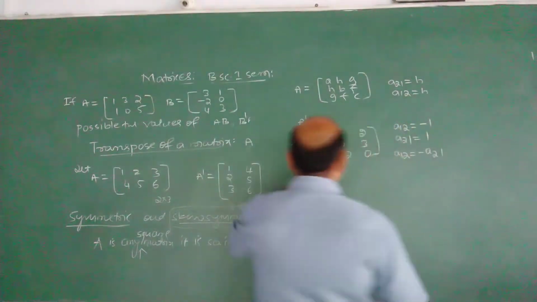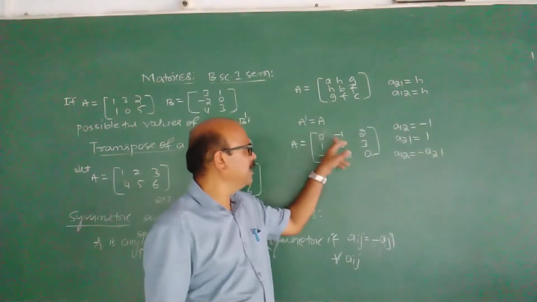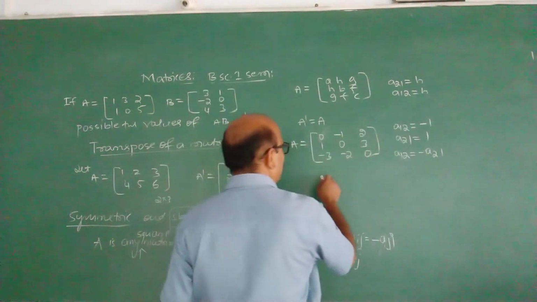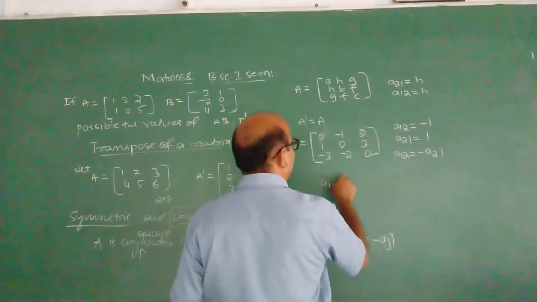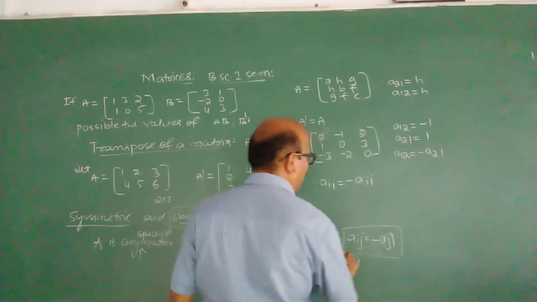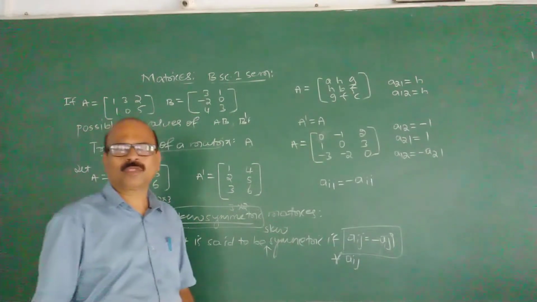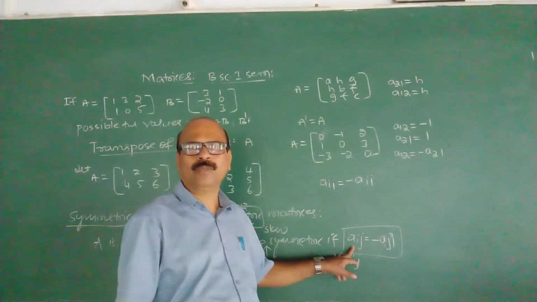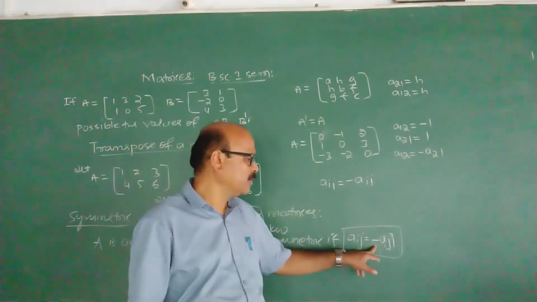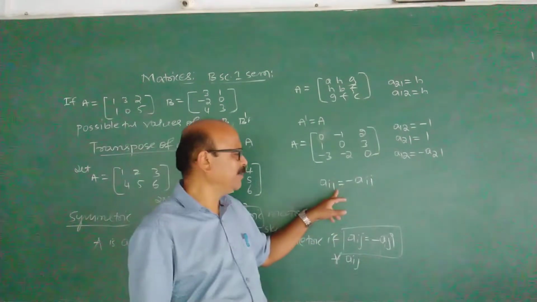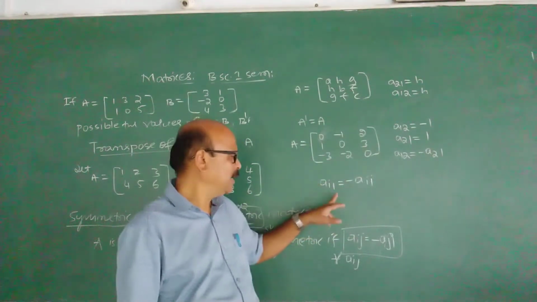And see here, all the diagonal elements must be 0 because consider Aii. It must be equal to minus Aii. What is the definition of skew symmetric matrix? A square matrix is said to be skew symmetric if Aij is equal to minus Aji. What about i equal to j? i equal to j means diagonal elements.